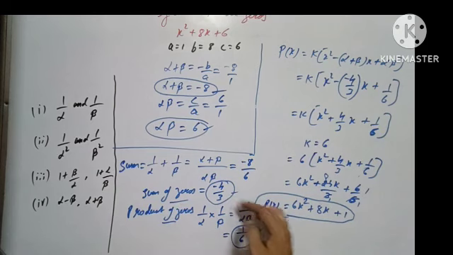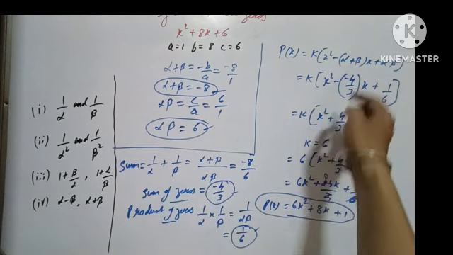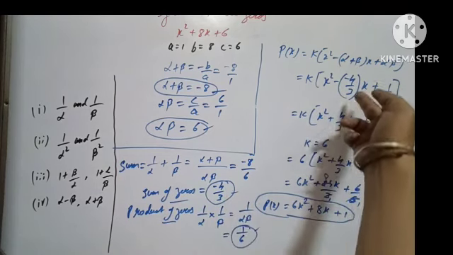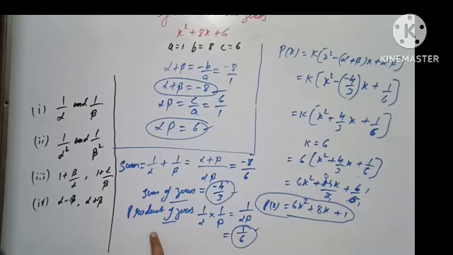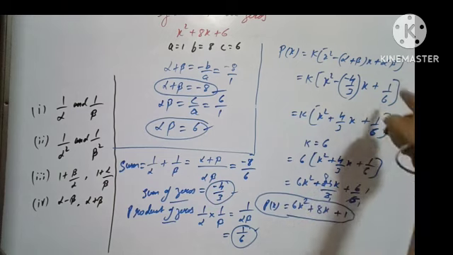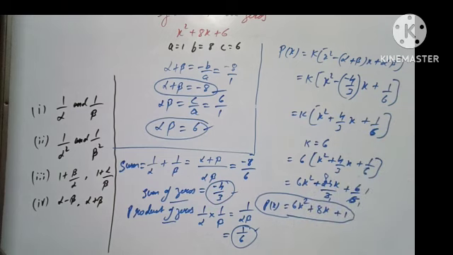We use these two values to find the polynomial, that is alpha plus beta is sum of zeros, minus 4 by 3. We replace alpha plus beta as minus 4 by 3, and product of zeros alpha beta value is 1 by 6. So substitute the value of alpha beta as 1 by 6.